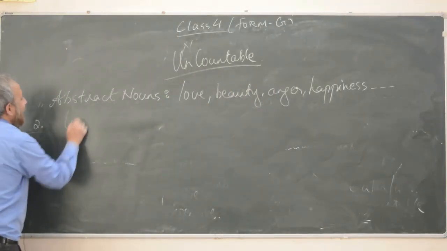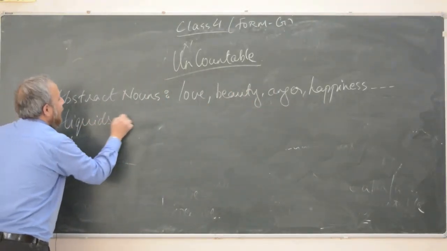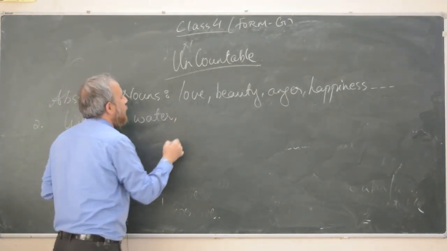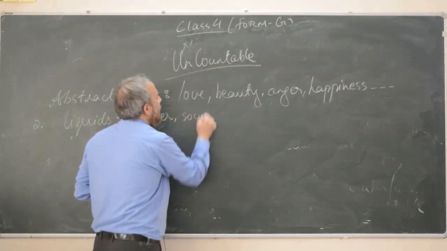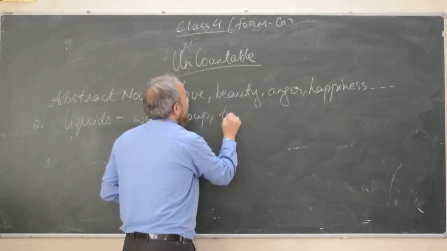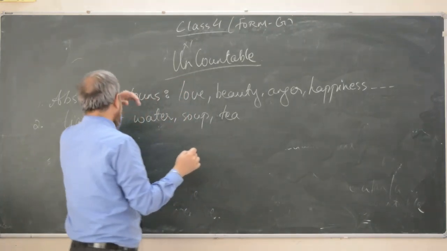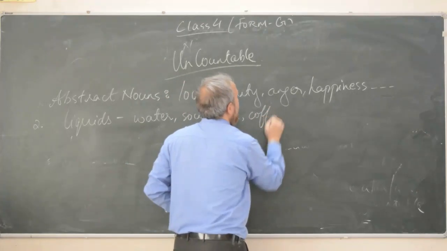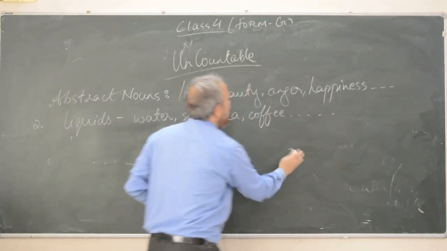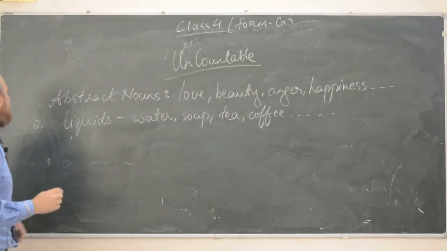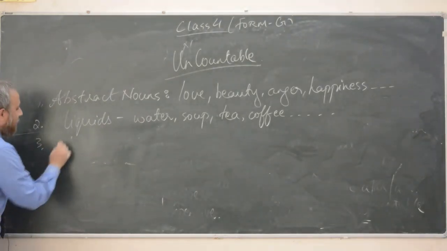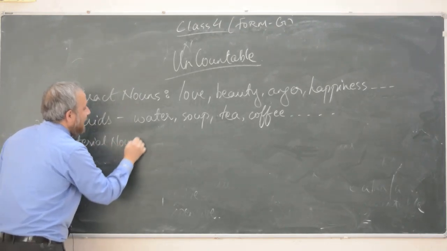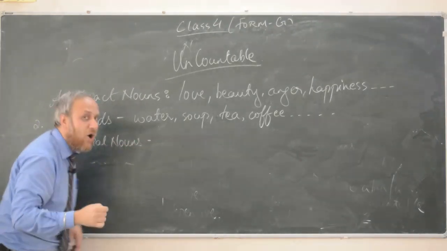You also have names of liquids that are uncountable nouns, like for example, water is an uncountable noun. Soup is an uncountable noun. Tea is an uncountable noun. Coffee is an uncountable noun. Now you also have material nouns, or things that the substances are made of.